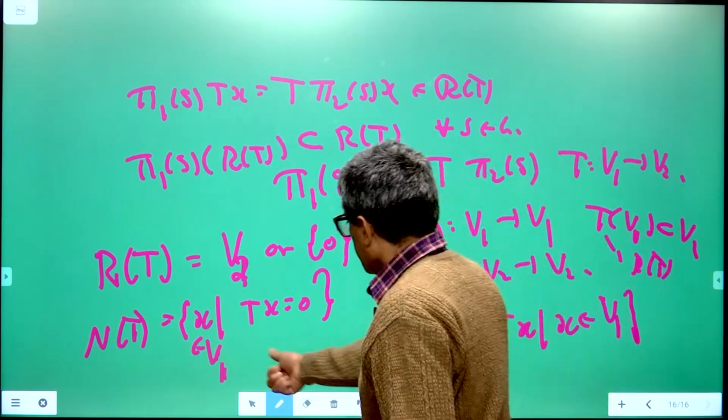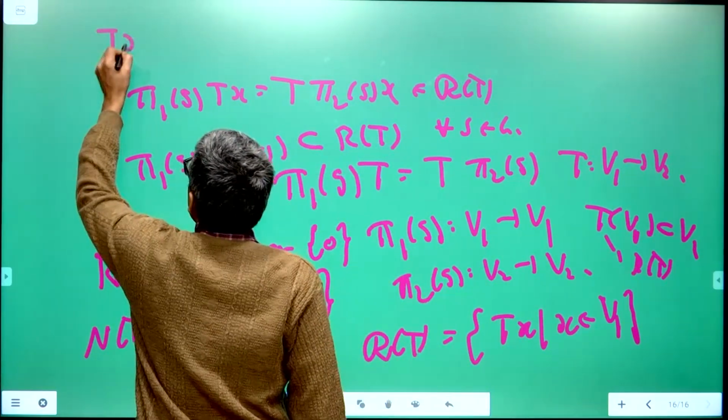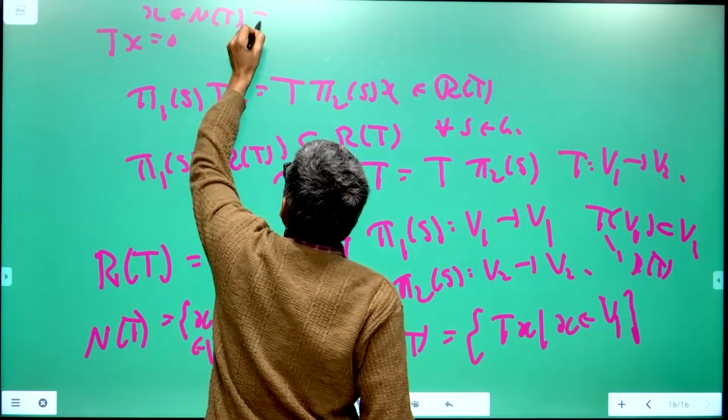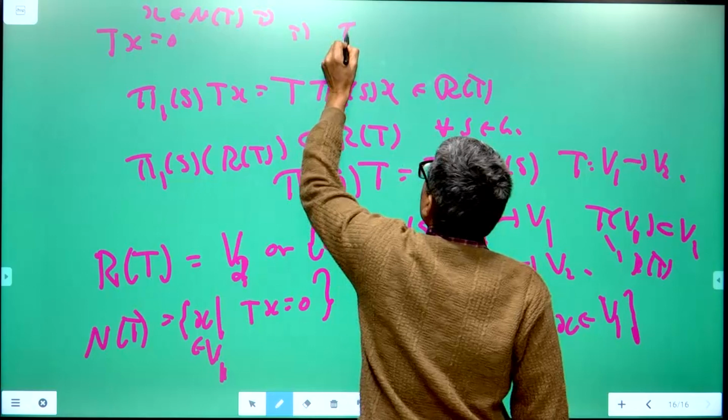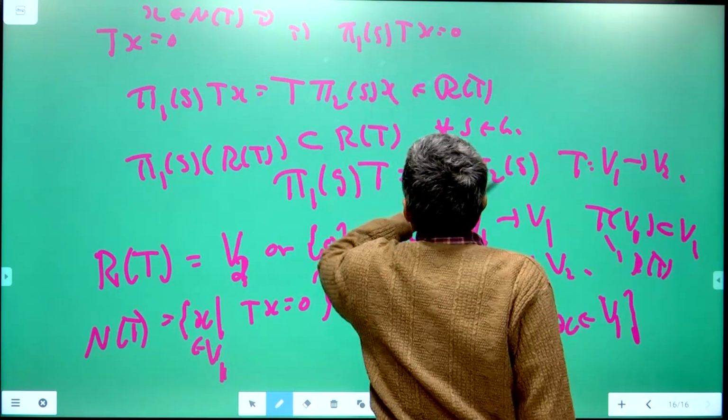So the null space of T is a subspace of V1, and if x belongs to the null space of T, then it implies that Tx is equal to 0. That will imply that pi 1(g) acting on Tx equal to 0, but pi 1(g) T is T pi 2(g).